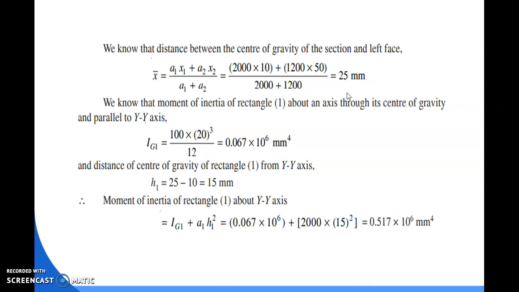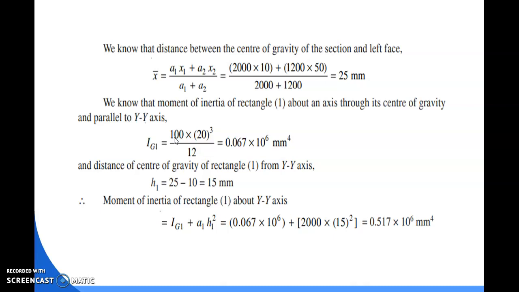First of all, the moment of inertia of section 1 about its center of gravity is equal to bd cube by 12. Here for the y-y axis, the value of b is 100 and d is 20, so the value is 100 into 20 to the power 3 divided by 12, which is 0.067 into 10 to the power 6 mm to the power 4.